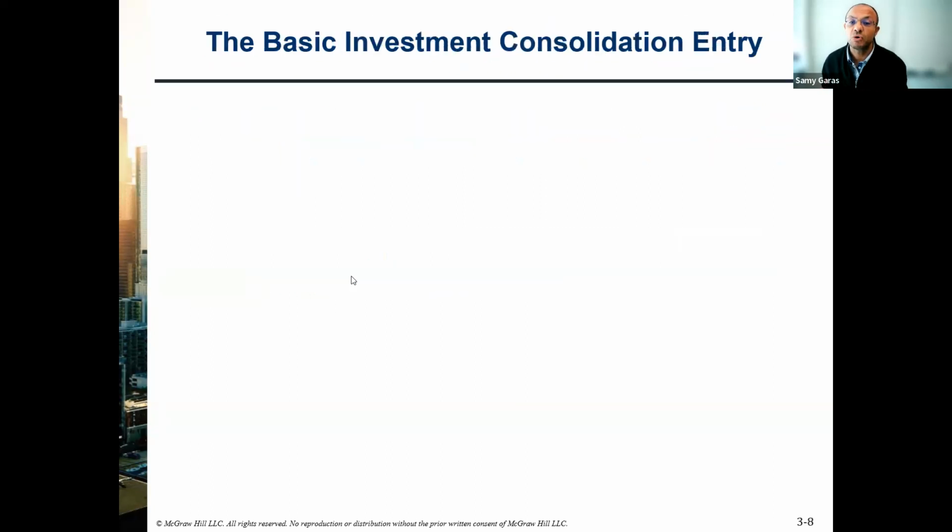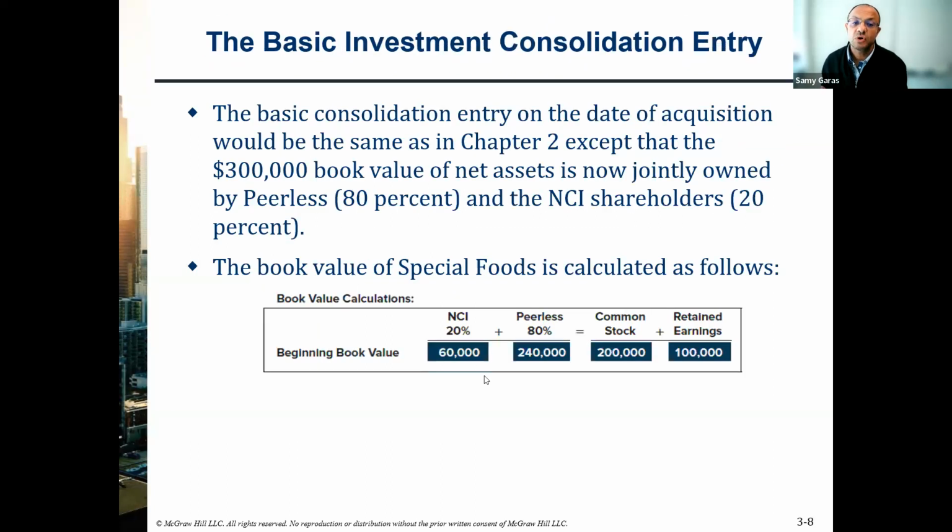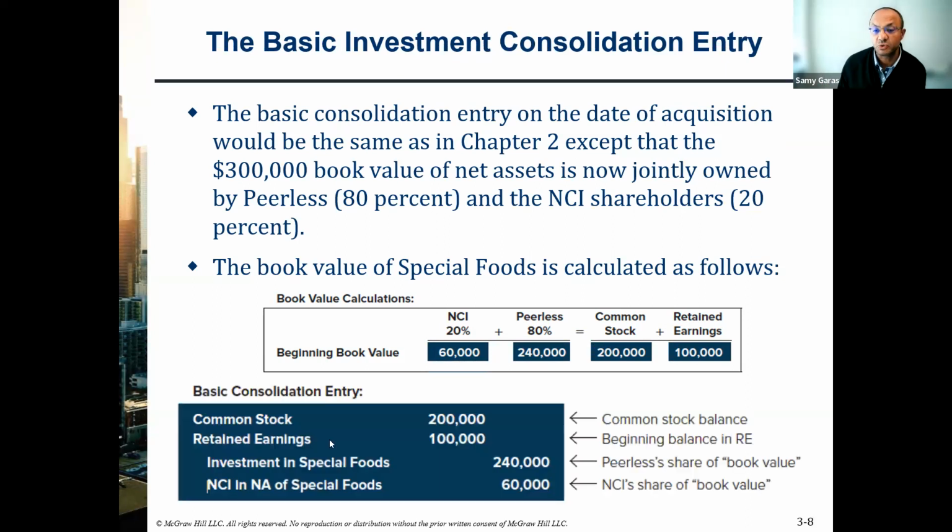Now, how do we close the accounts? We first split the shareholders' equity between the parent and the subsidiary, and then we make this journal entry. If you remember from the previous lectures, to consolidate the financial statements, we take the assets of the parent and the subsidiary, we take the liabilities of the parent and the subsidiary, but we take only the shareholders' equity of the parent.